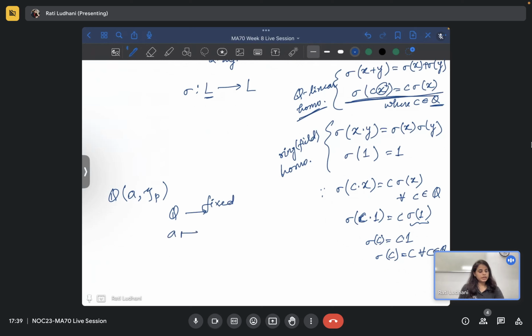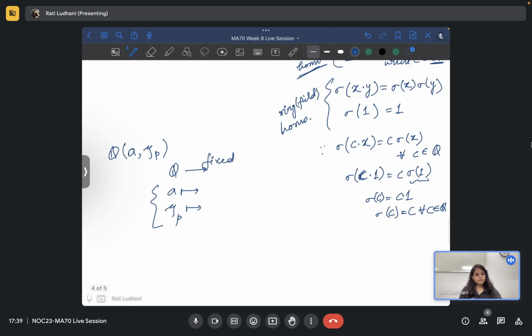Now where A goes and where zeta P goes, if you know these two things, can you get the images of all the elements? Because what does a typical element look like?